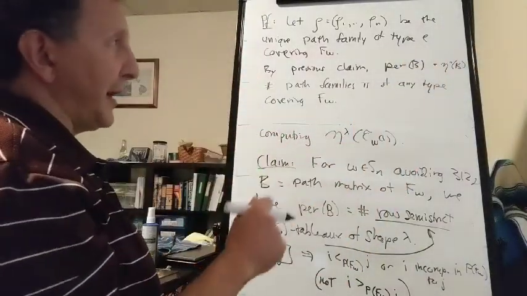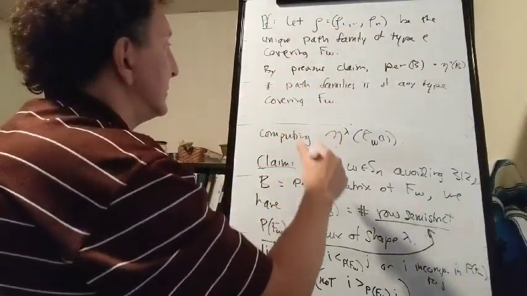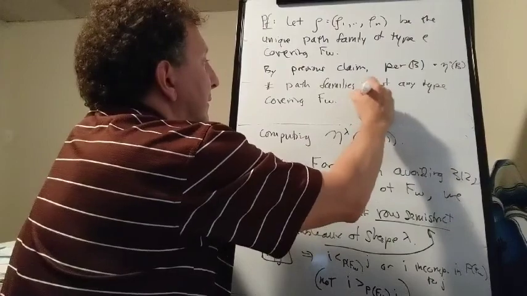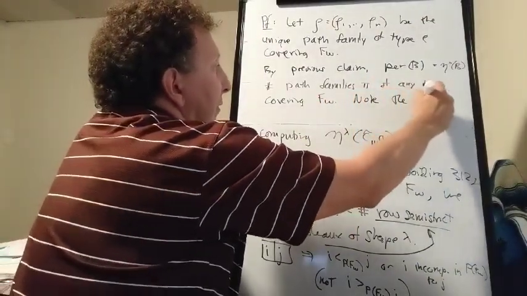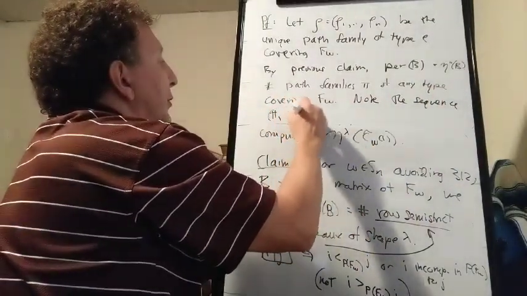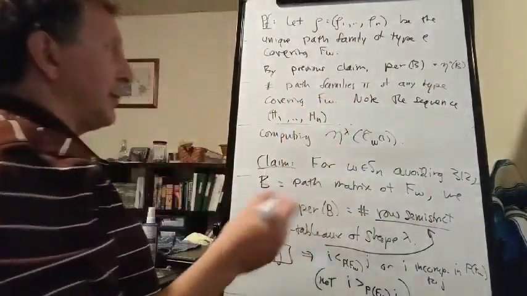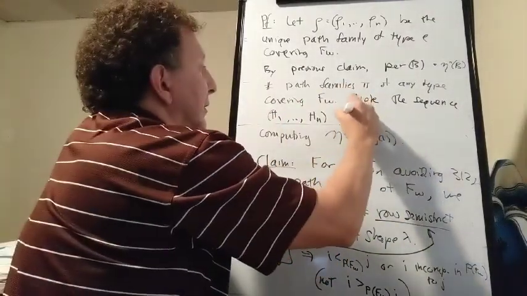So it's got all the paths there. If we list them in order 1 through n, so if we just write the sequence pi 1 through pi n, it's automatically row strict. It's automatically left row strict.